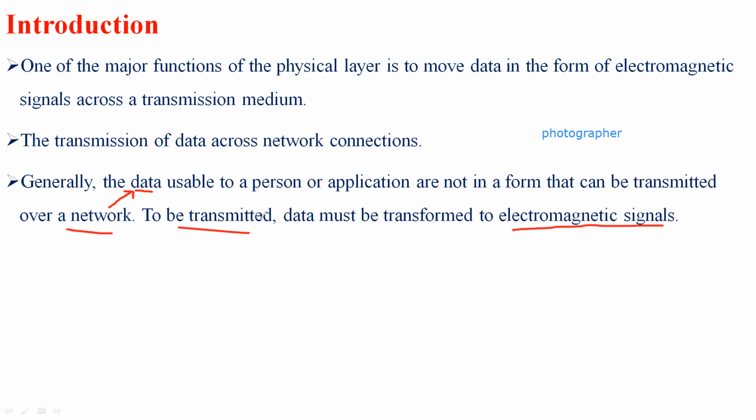So in order to be transmitted over any network, the data must be transferred to electromagnetic signals, since electromagnetic signals are the form most familiar to networks. Whatever data you give to a network must be transferred to electromagnetic signals.